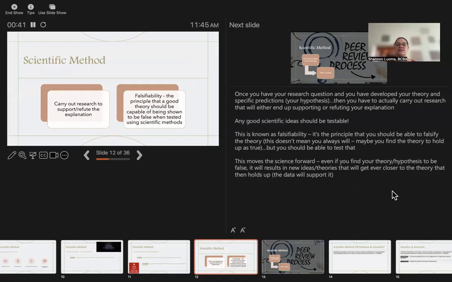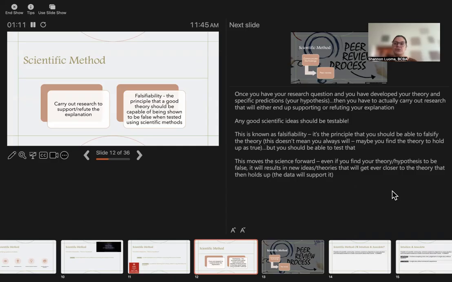Now, any good scientific idea or question should be testable. This is known as falsifiability. It's the principle that you should be able to falsify the theory. It doesn't mean you always will, right? We go in with the goal of proving ourselves wrong, but you may not necessarily do that. You might actually prove yourself right, like you might actually find what your hypothesis expected that you would find, but you should always be able to test something.